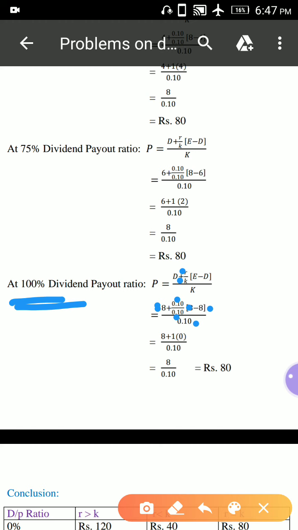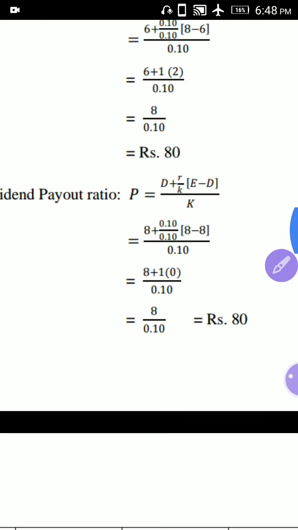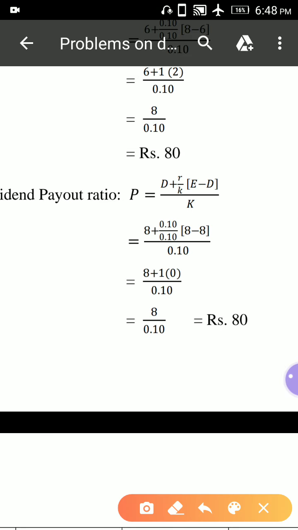That is equal to 8 as it is, plus 0.10 divided by 0.10, 1 into (8 minus 8) which is 0, divided by 0.10. Now 1 into 0 means 0, plus 8 divided by 0.10, that is equal to 80.